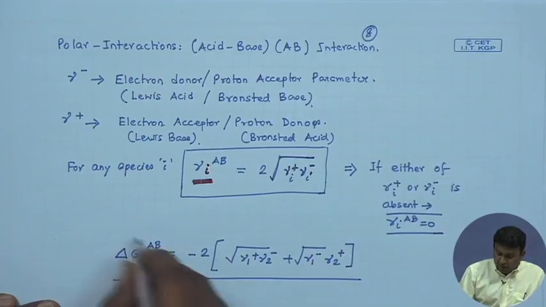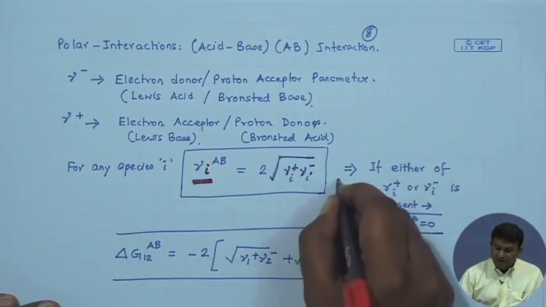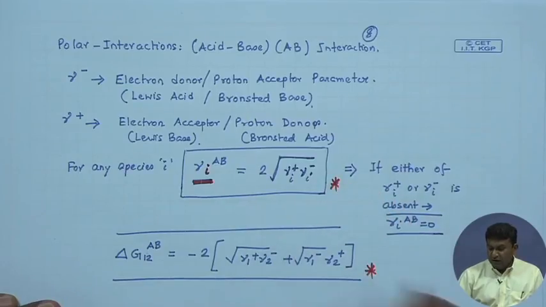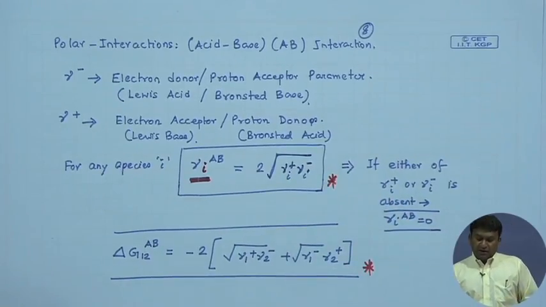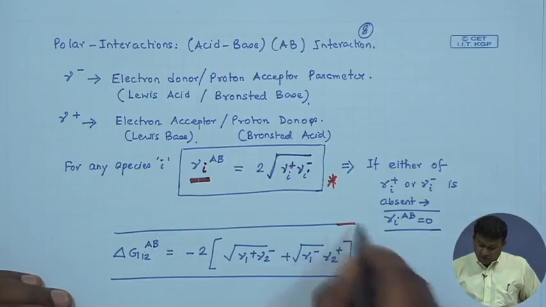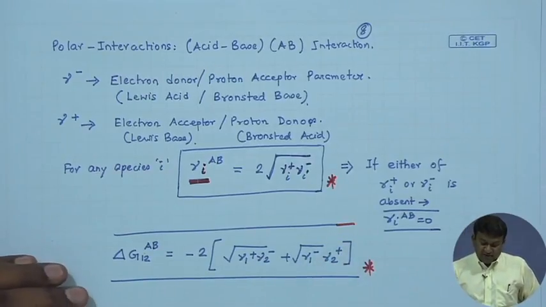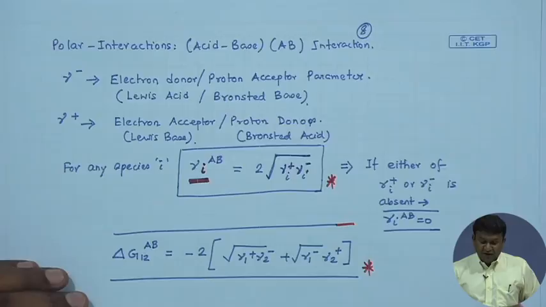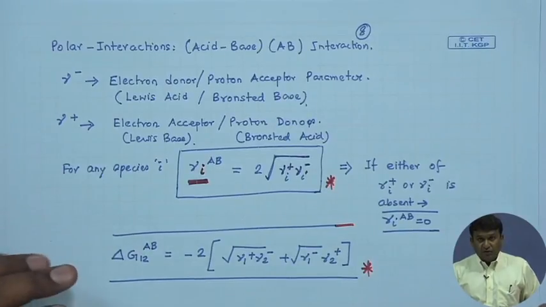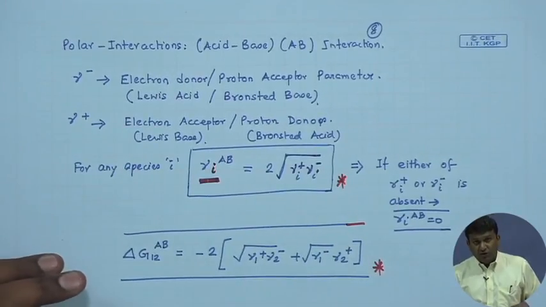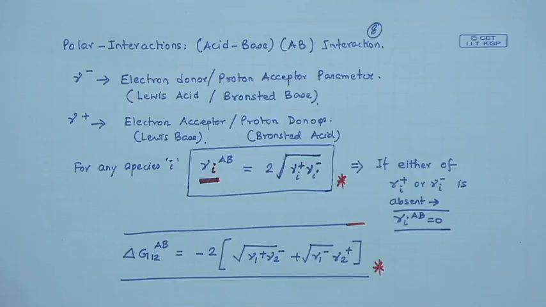So, these are the two important relations that you need to consider for the polar interactions, and based on these two concepts we will now discuss in the next lecture the colloidal stability and other issues, of how two surfaces coming in contact behave in case there is polarity either in the liquid medium or within the surface. Thank you.